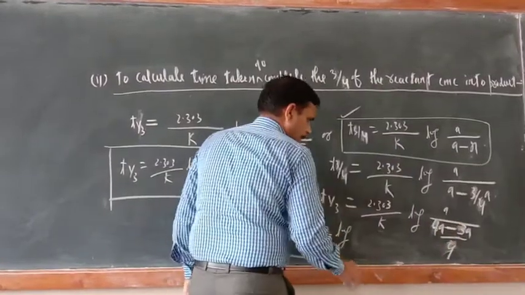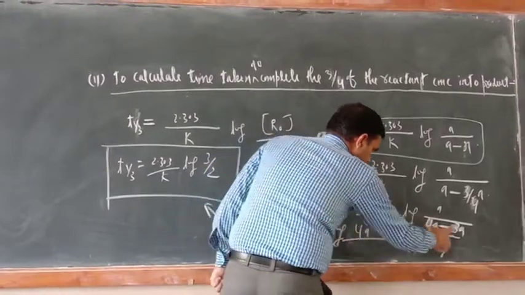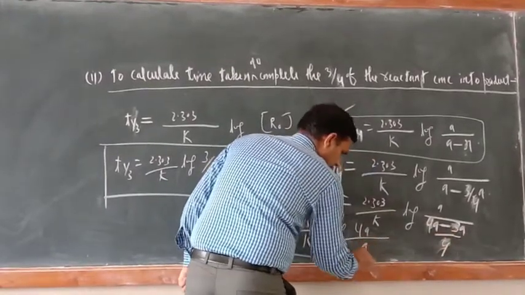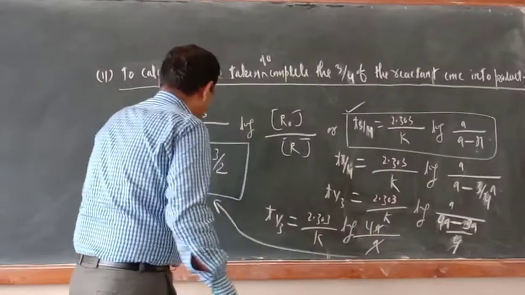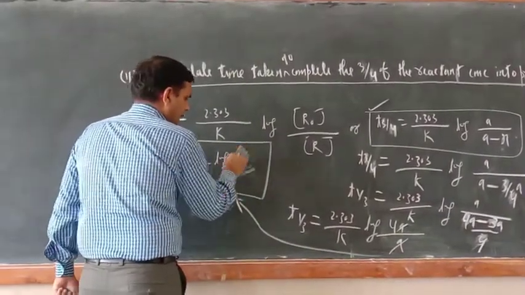So we can write 4A by (4A minus 3A), which equals 4A by A. So A will be cancelled out in this expression, and we will have directly here log 4.